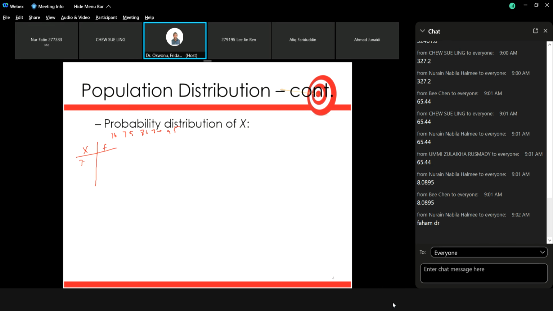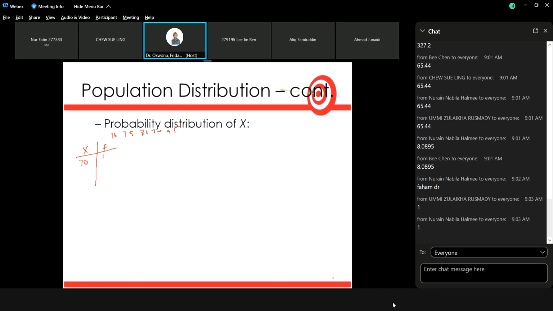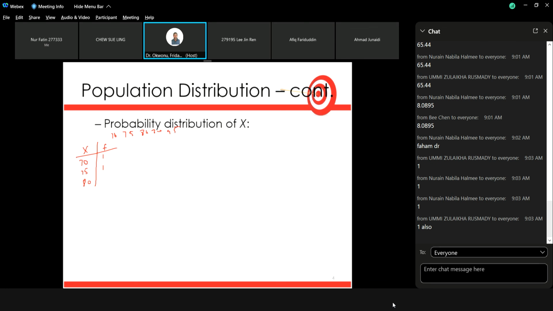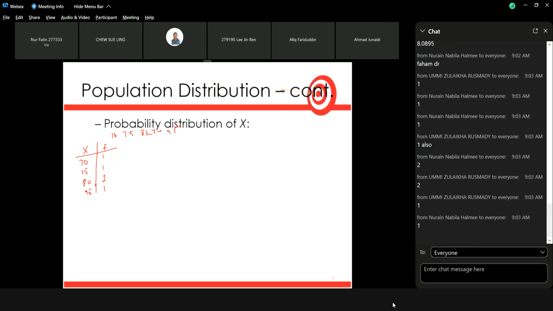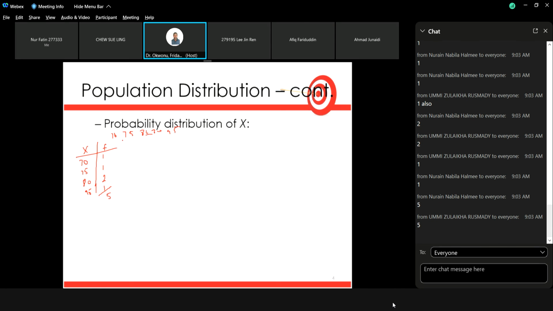How many 70 do you have? I have 1. 75, how many? 1. 80, how many? 2. Then 95, how many? 1. So the frequency, add it up. What do you have? 5.